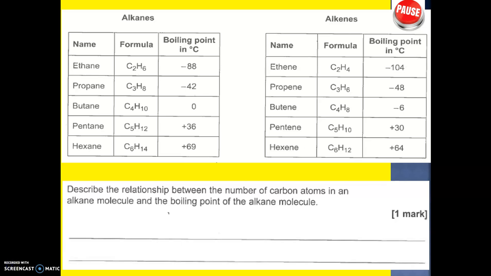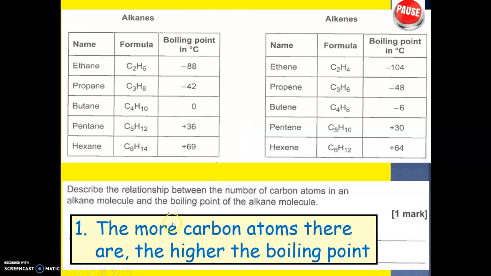Okay, guys, so that's a GCSE question there. Hopefully you had a good go at that. Can you pick up a green pen or another coloured pen or pencil, and we'll go through it now. So you've got a couple of tables here showing you the relationship between each alkane and alkene, the number of carbon and hydrogen atoms there are, and the boiling points for each one. So hopefully you notice, guys, that the more carbon atoms there are, the higher the boiling point.